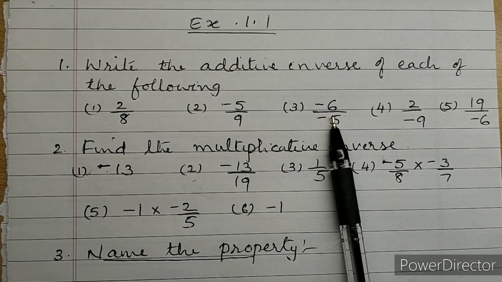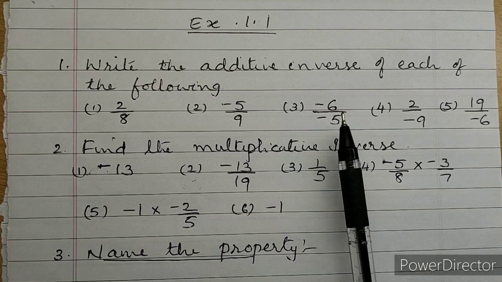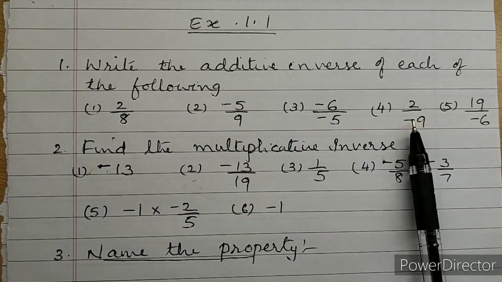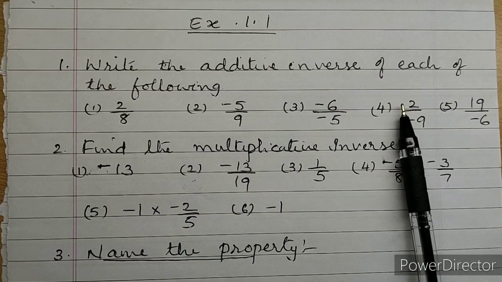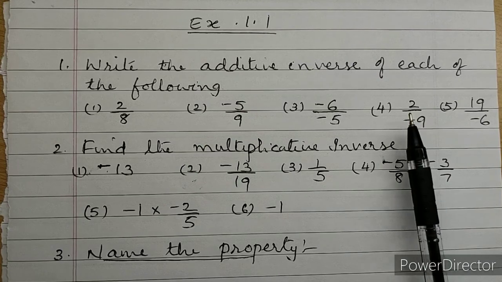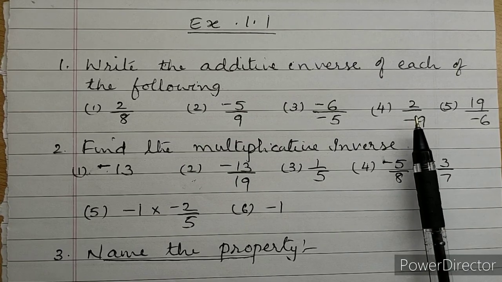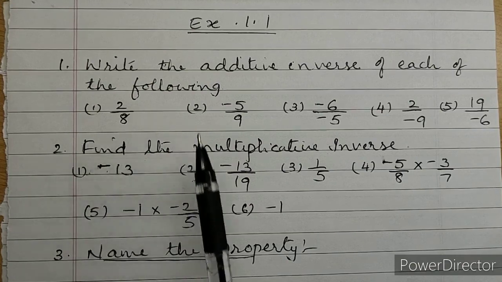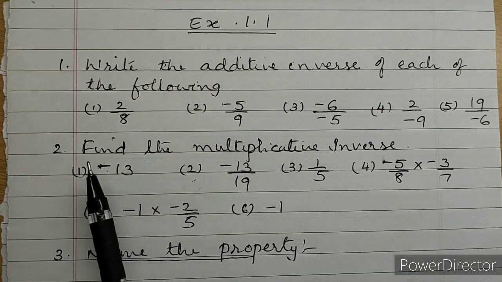Actually, it is 6 by 5, so the answer will be minus 6 by 5. 2 by minus 9 means the negative will always be on top, so minus 2 by 9. Its additive inverse is 2 by 9. This is also the same. These all sums you can do as assignment.